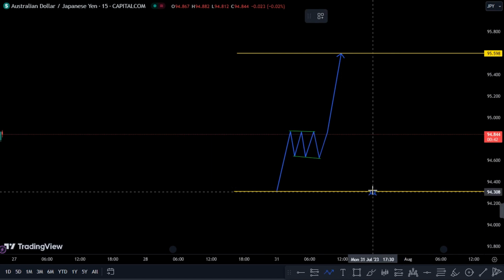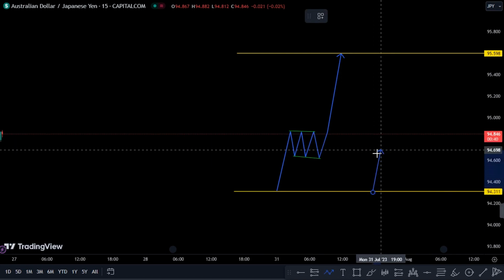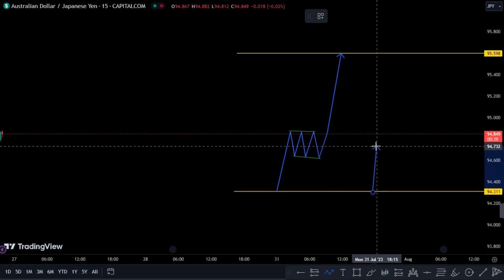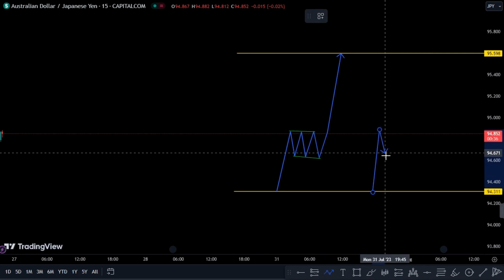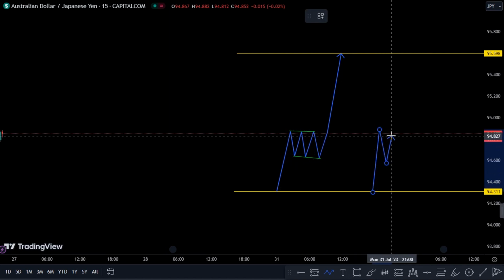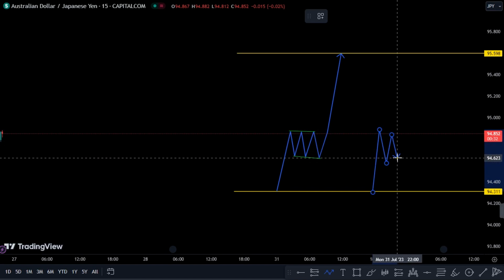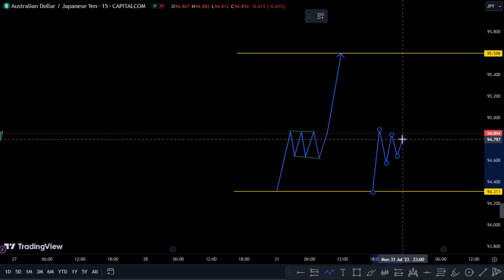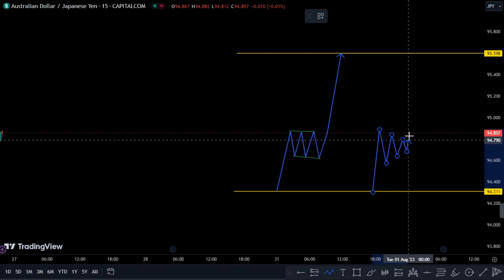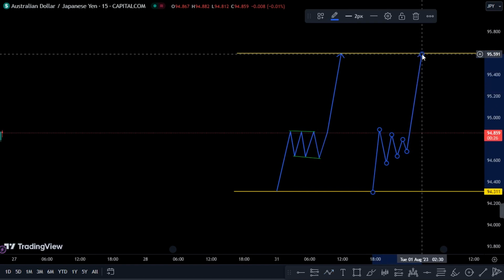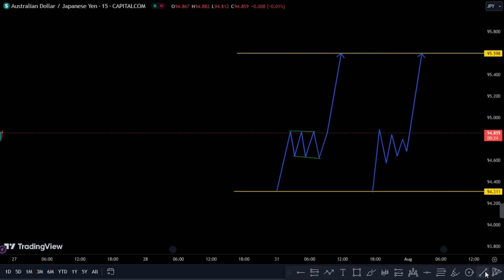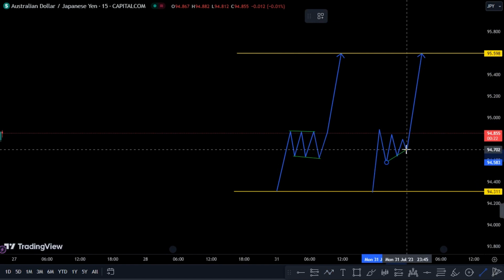It can also look something like this, also coming from the bottom, pushing to the upside. You can also have something that is going to look like this, and then the break of structure, continuation to the upside.